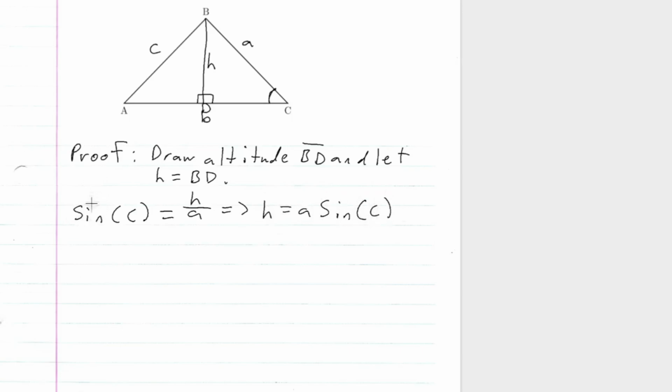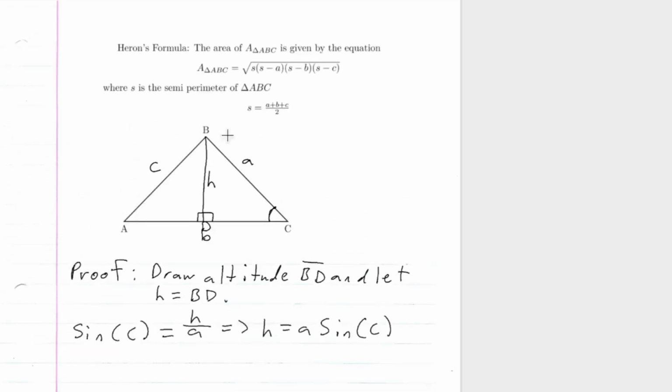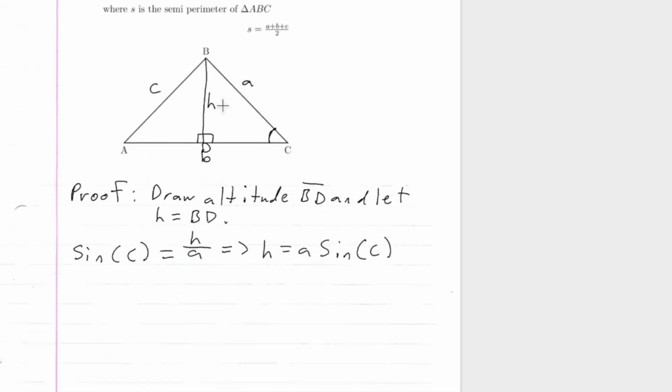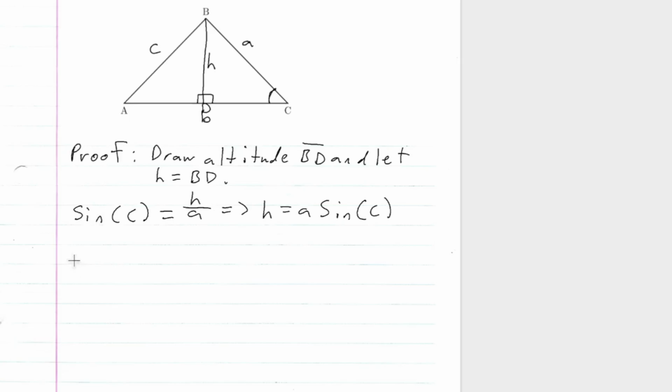Okay, so now we're going to dive into the area of this triangle. So we know that the area of triangle ABC is equal to 1/2 the base, which of course in this case is b, right? Let me move this b down a little bit. The base times the height.